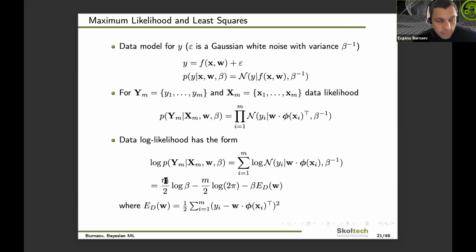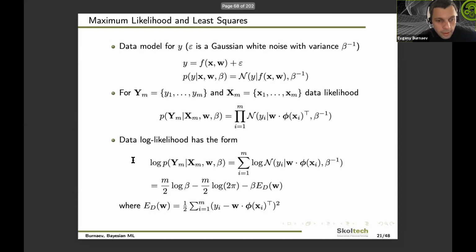Here, M is the number of sample points, and E of w is the sum of squared residuals, where the residual is equal to the difference between the output value and the prediction according to the linear basis function model f of x, w.